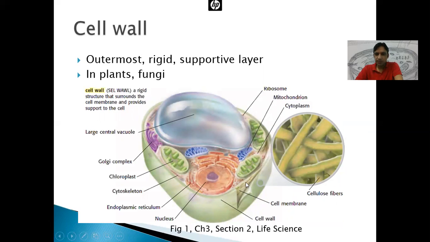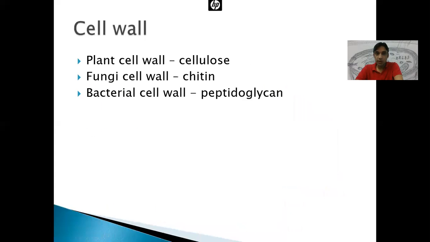And typically, when the cell dies, most of the components of the cell are gone, but the cell wall survives, and that eventually is converted into wood. The wood which you see in the trees is the remains of the cells. Mostly they are cellulose.